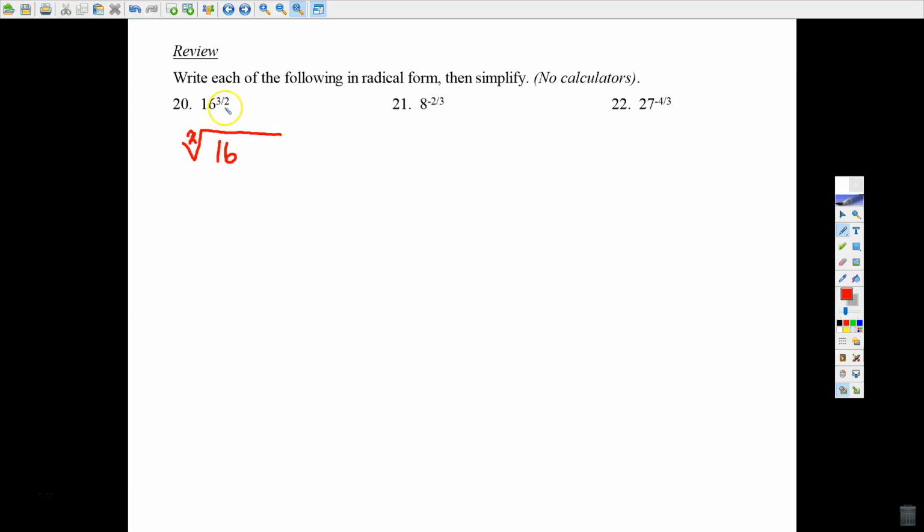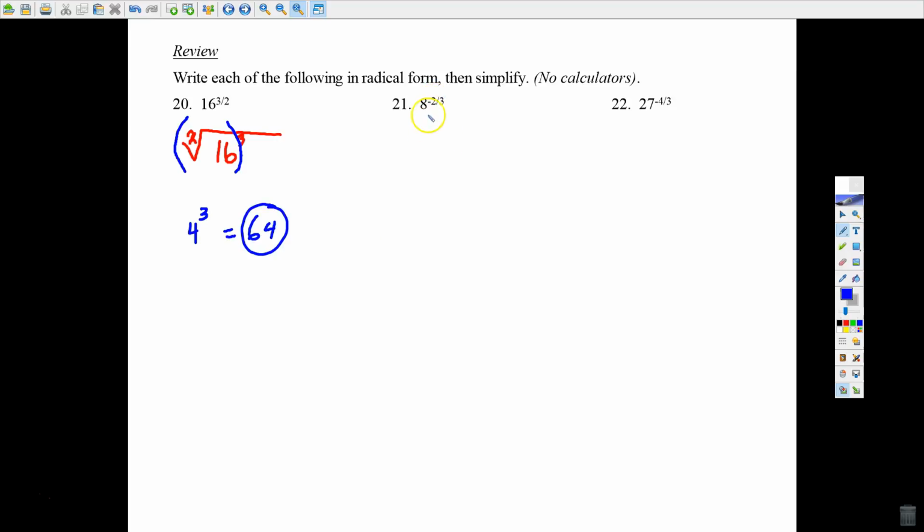The denominator will be the root. The top number will be the exponent for the number under the radical. And so to simplify these without a calculator, just think, first of all, square root of 16, which is 4, and then you can raise that result 4 to the third power, and you'll get your answer 64.